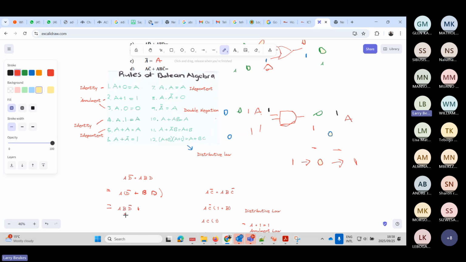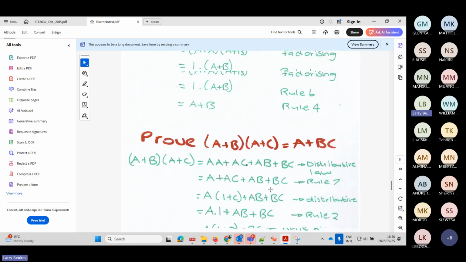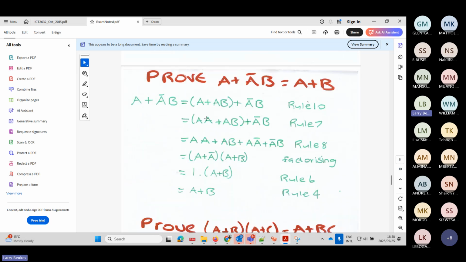Okay, but it's going to kill us here. If we put the B here, we need to put it on this side as well. Do you remember, Mari, we have done something like this. It is here. We did it in one of the classes. You see here it is AA.